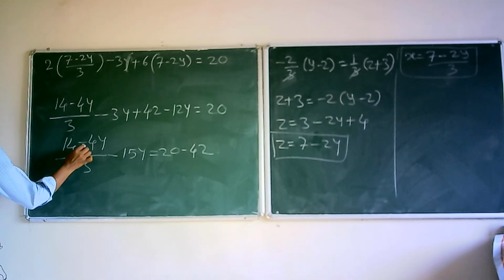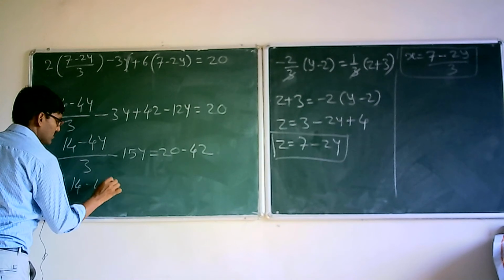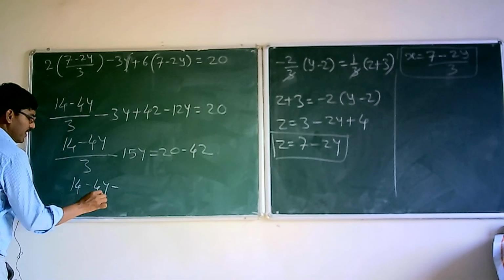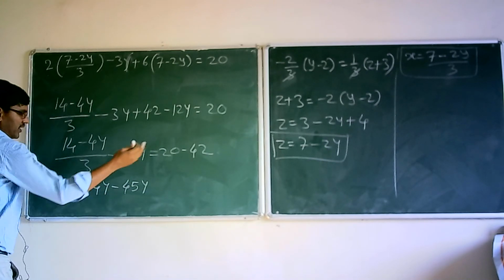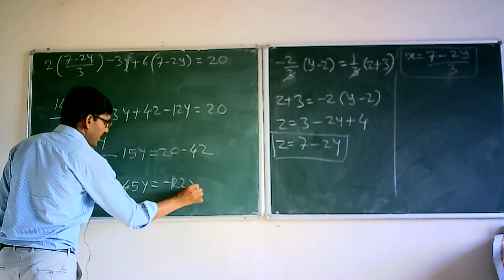So 14 minus 4y minus 45y divided by 3 is equal to minus 22 into 3.